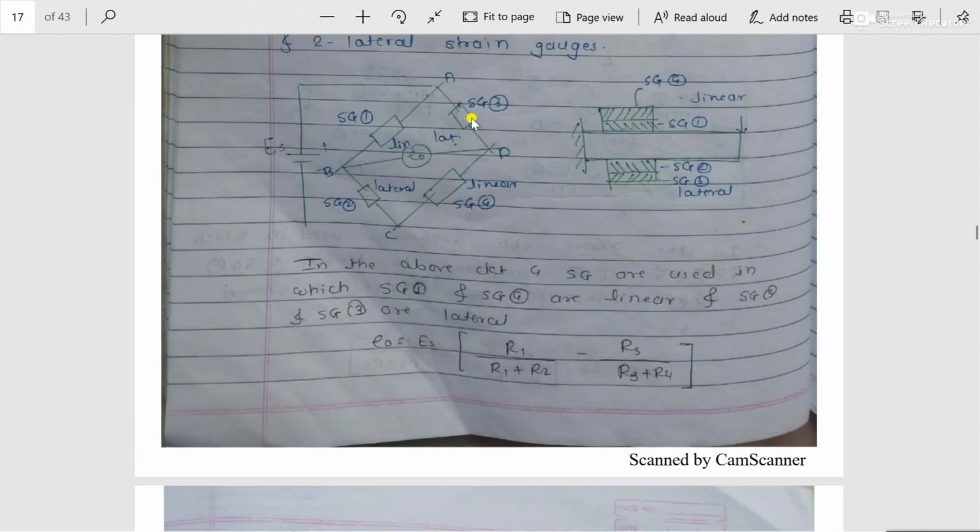But what about the remaining 2? Strain gauge 2 and 3 are lateral strain gauges, and they are subjected to compression. Therefore, R2 is equal to R3 is equal to R minus mu into delta R. The minus sign indicates both strain gauges are subjected to compression, and mu represents that strain gauge 2 and strain gauge 3 are lateral strain gauges.